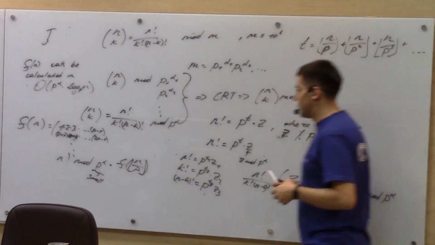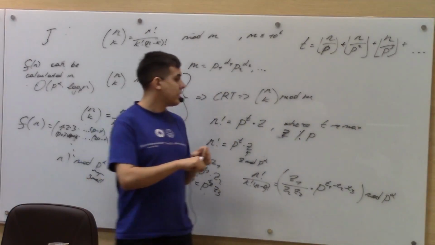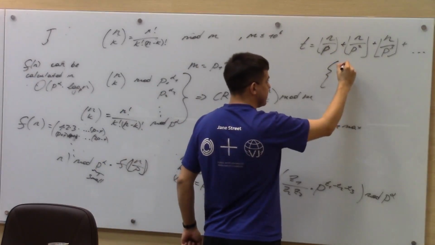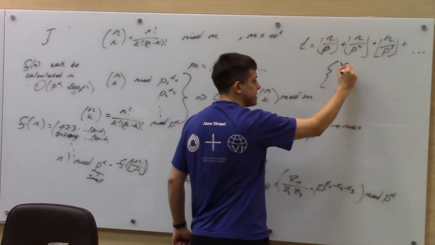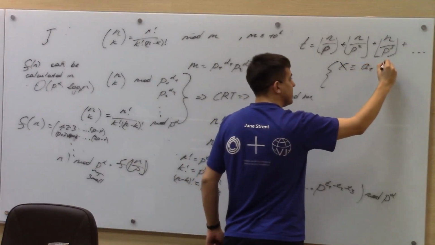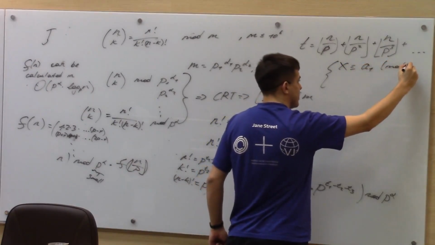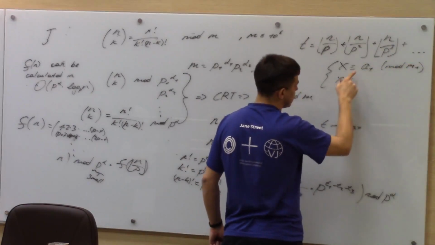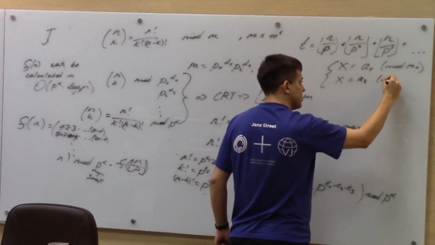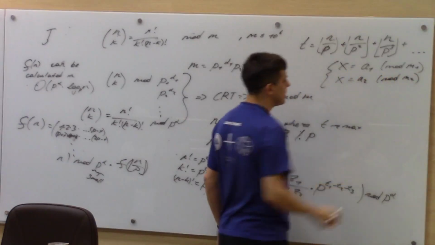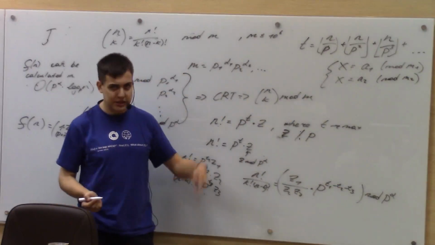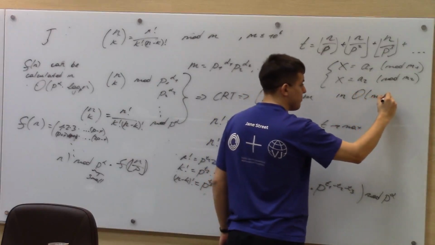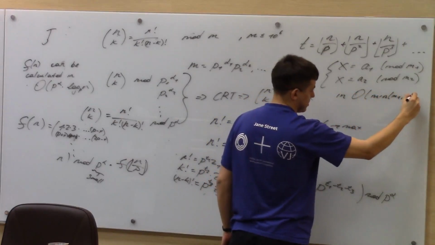Here you can just say that whenever you have a system like this, so some result X is equal to A1 mod M1 and X is equal to A2 mod M2, you can solve it in big O of min of M1 and M2.